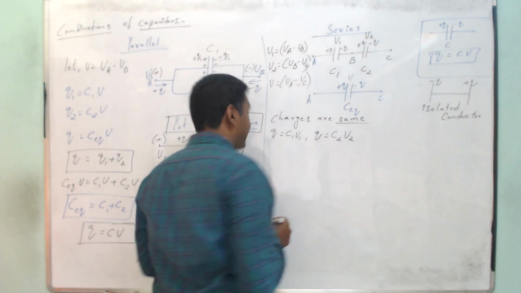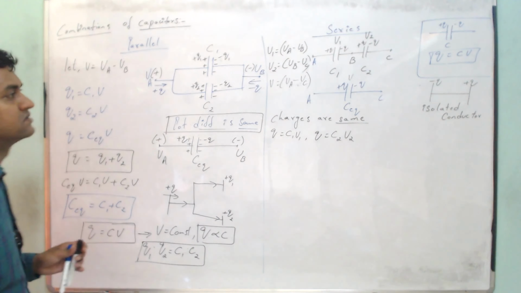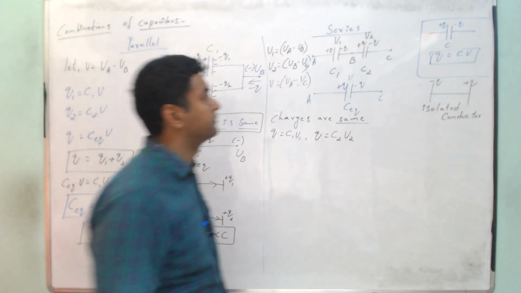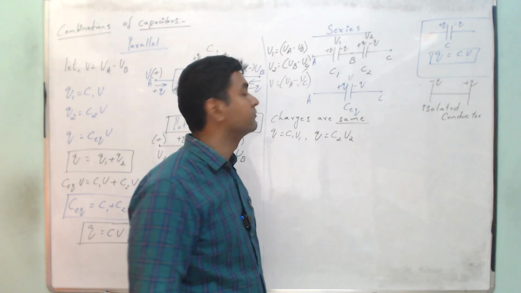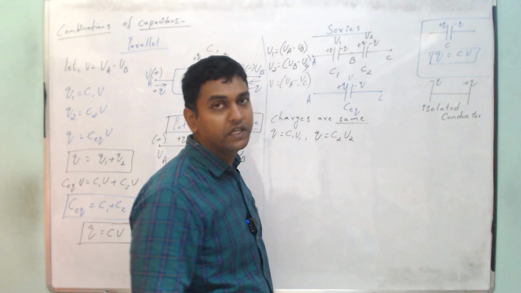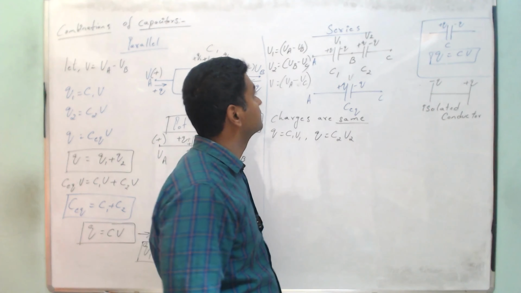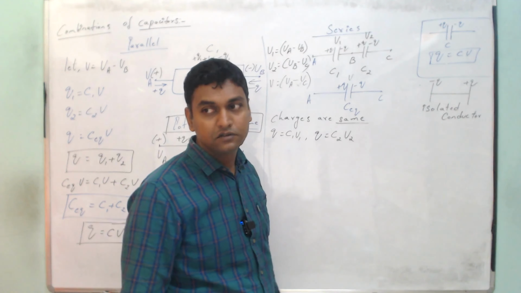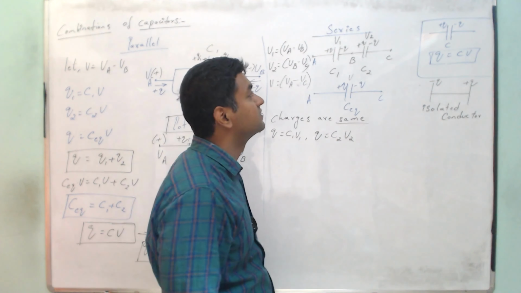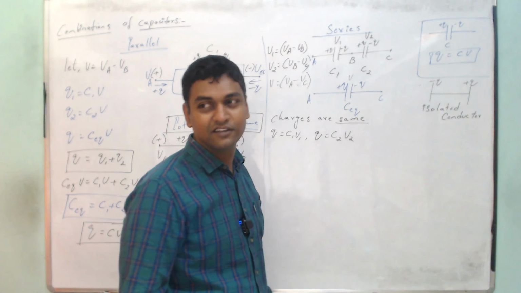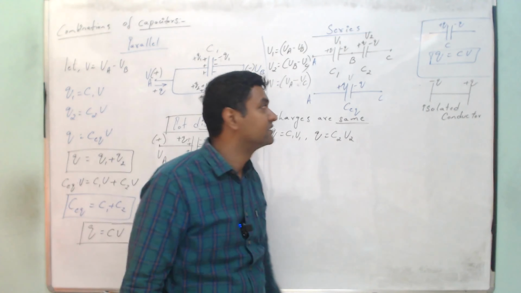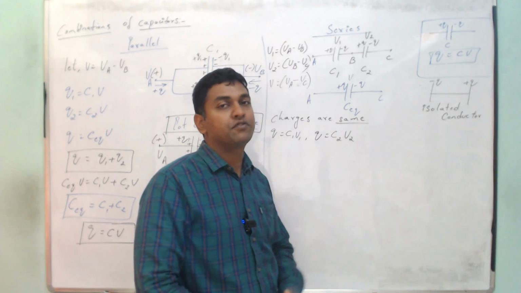Sir, at A we know it is having positive potential, then what about B? Good point. It's not always necessary for VB to be negative.